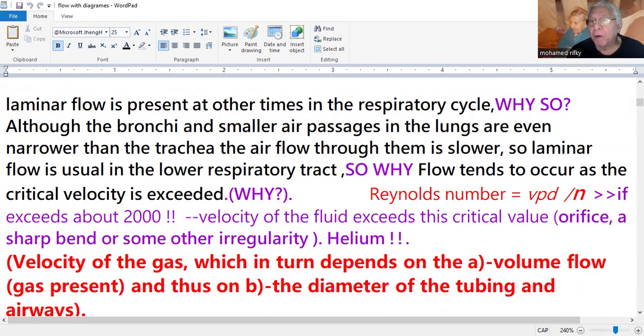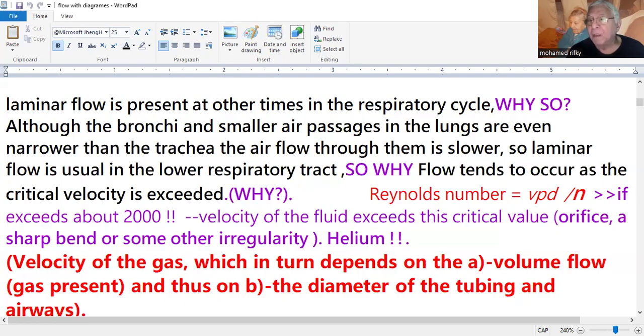Of course, we know what we call the Reynolds number, which equals the linear velocity times density and the diameter over eta. All these are figures where we can estimate whether the flow will be laminar or turbulent. Of course, if this figure exceeds 2000, that means that the flow is turbulent.